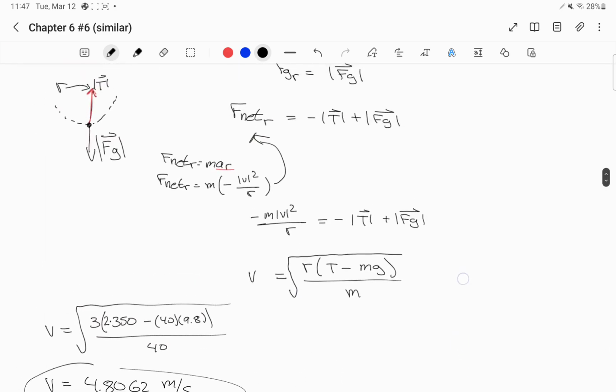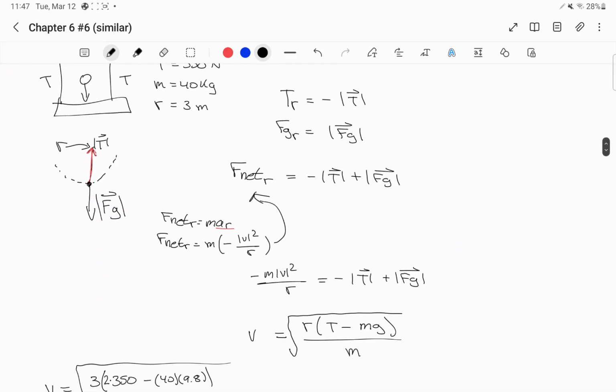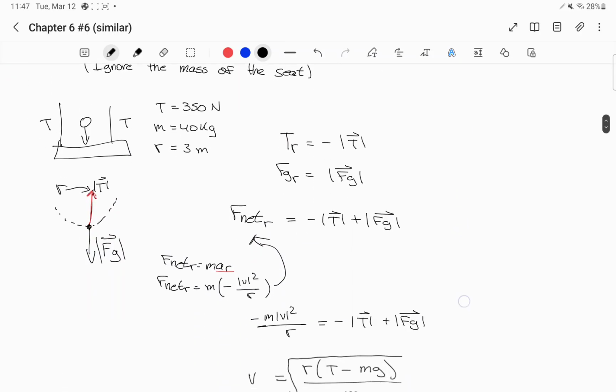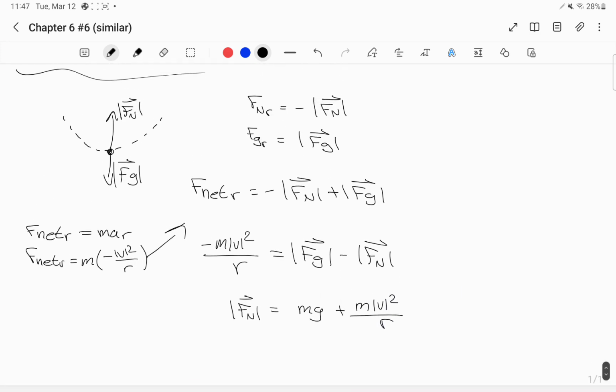So they want us to find the force exerted by the seat on the child at the lowest point, which is the normal force. So we just solve for the normal force. So F of n is equal to mg, remember, the gravitational force is equal to mg, plus mv squared over r.